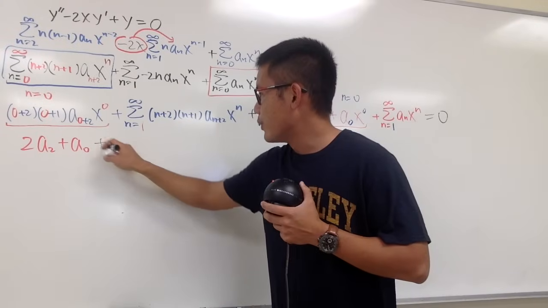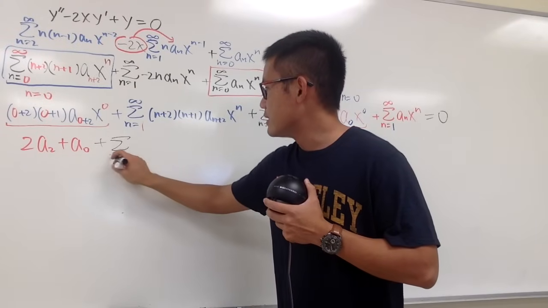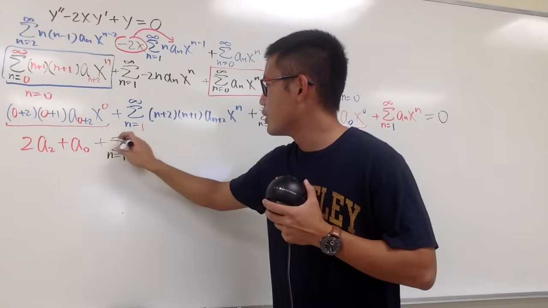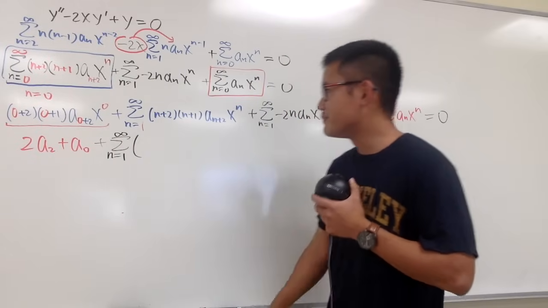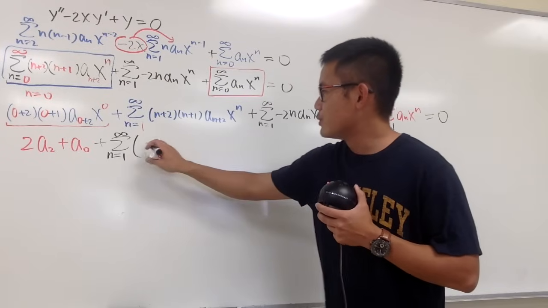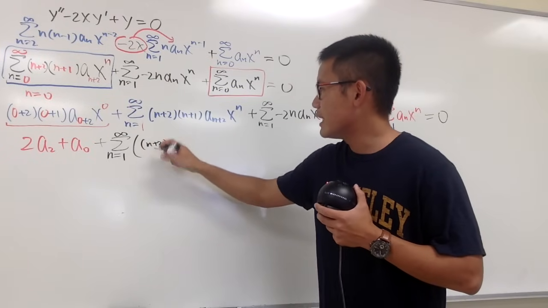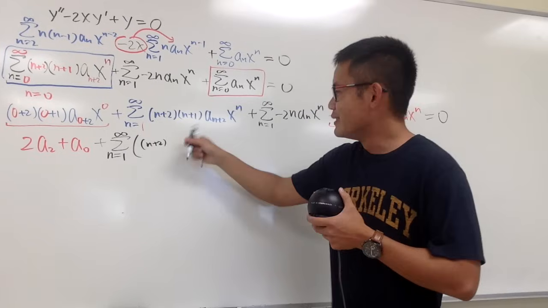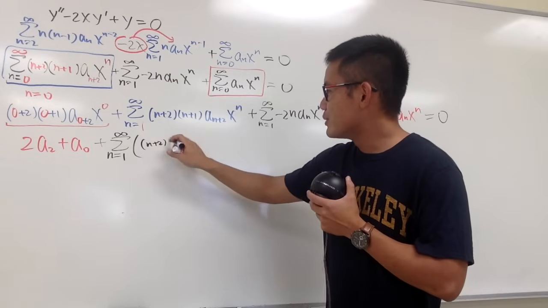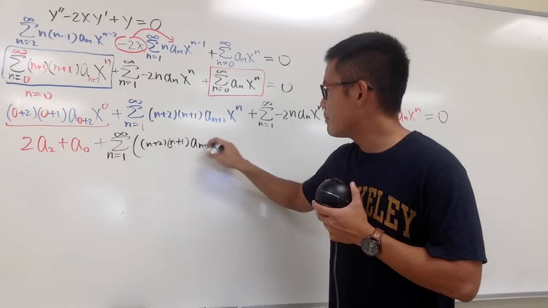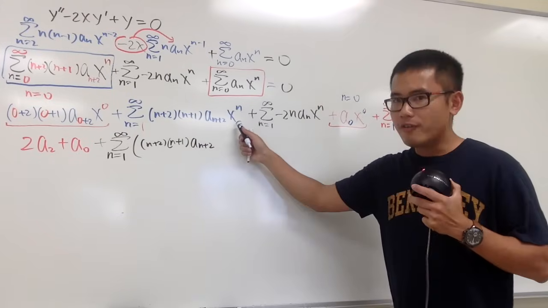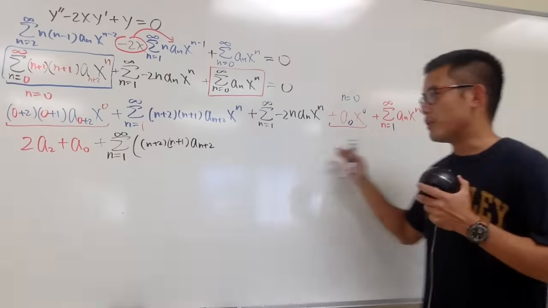Let's do that. We add the series when n starts with 1 to infinity. Let me open a big parentheses and put this down first, which is n plus 2, and by the way, don't multiply this out, just keep it as it is. N plus 2 times n plus 1 times a n plus 2. I will factor out the x to the n and put that at the end.